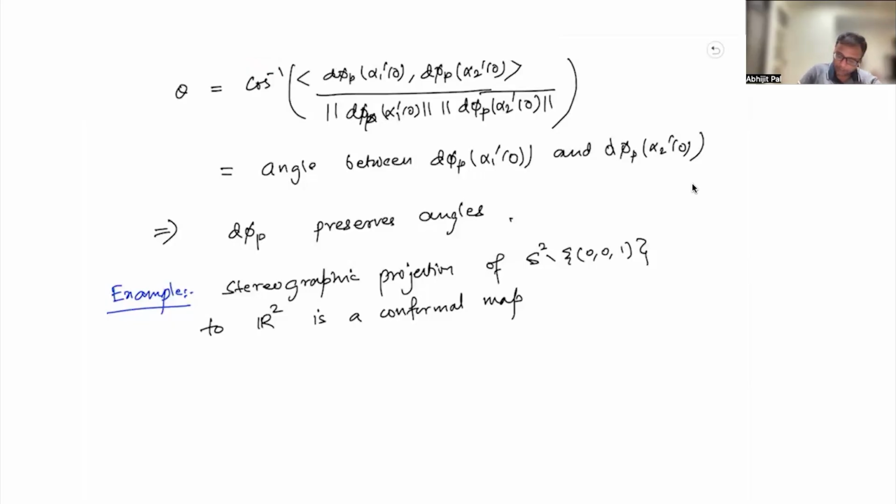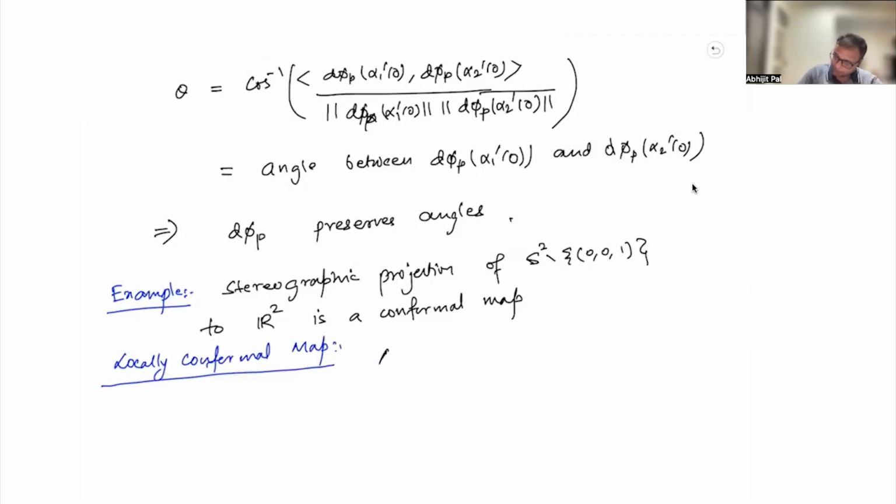Let me just define a locally conformal map. Similar to local isometry, I have a local conformal map.